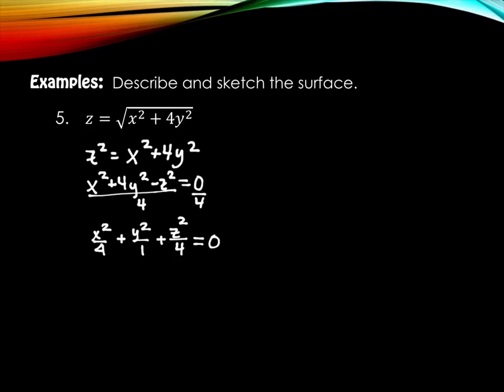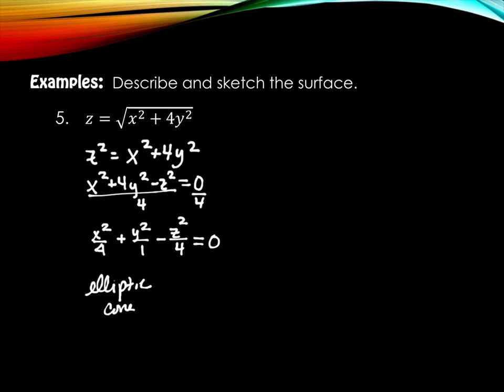What shape do I have? Elliptic cone. Yep, it is an elliptic cone. Which axis am I opening around? Oh, negative. I have a typo. Yeah, how about that then? Better? Z. Yeah, it's around z.